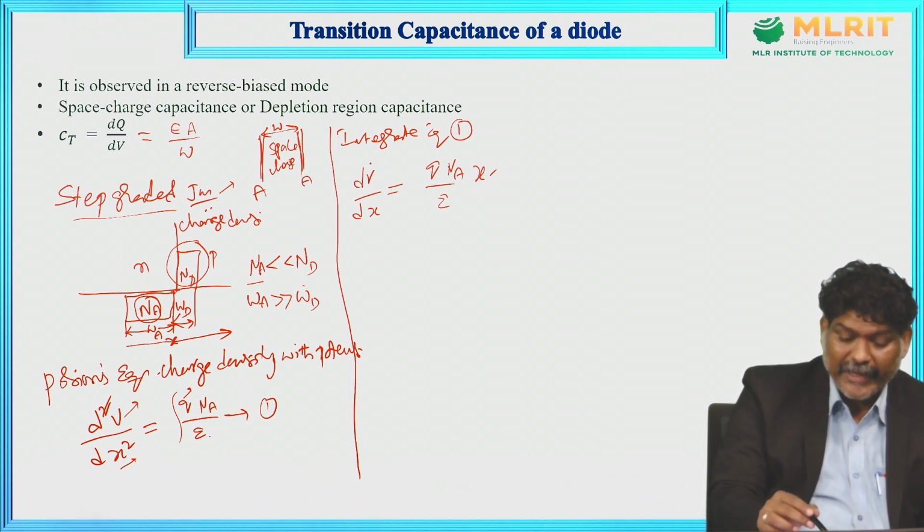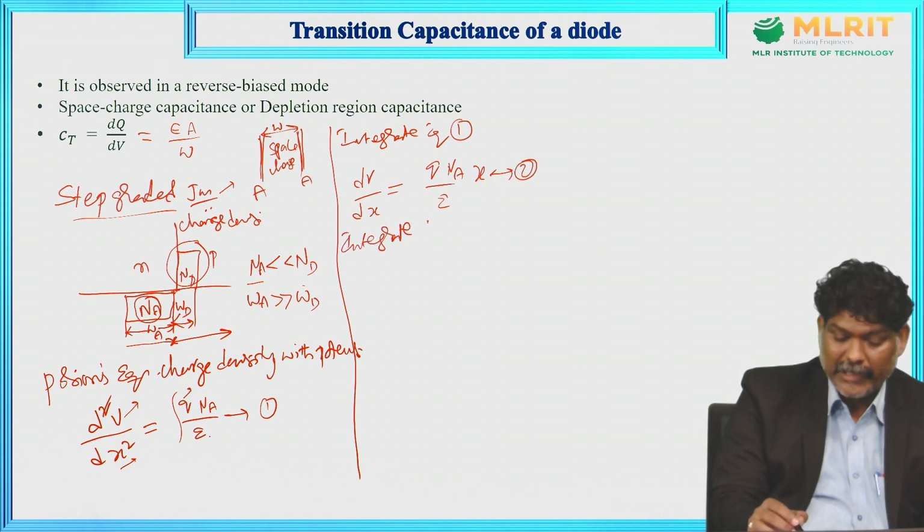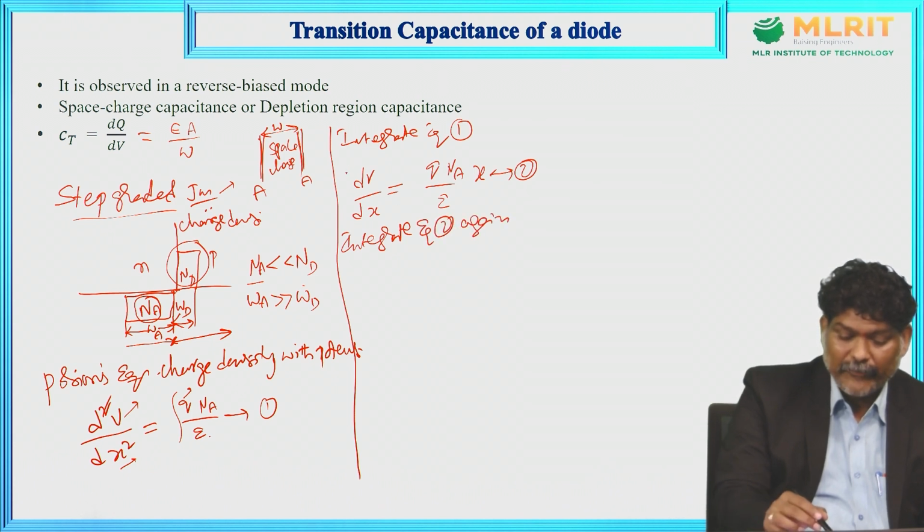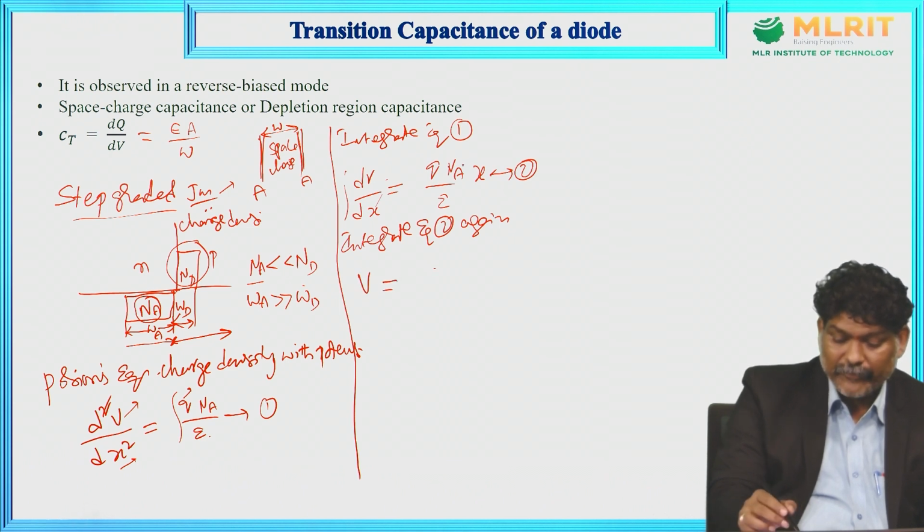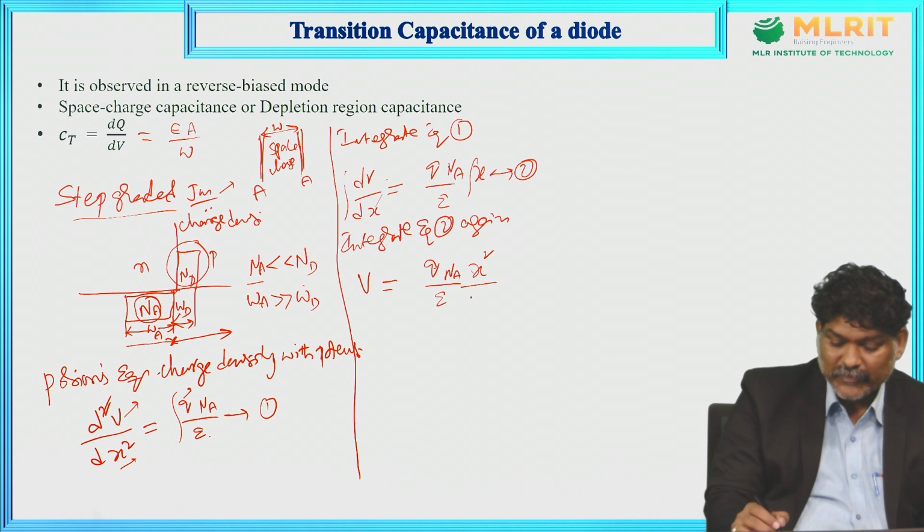Now, this is equation 2, let us say. Integrate equation 2 again. What happens? The integral of dV by dx into dx gets cancelled, so you will finally get V. V is equal to QNA upon epsilon, and the integral of x means x square by 2.